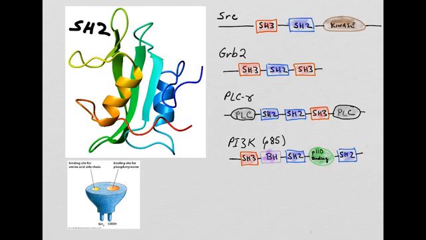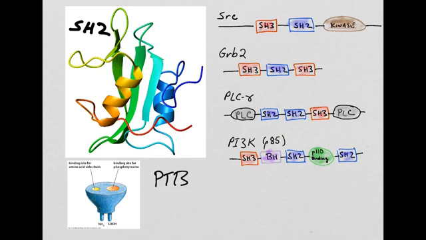There are in fact other phosphotyrosine recognizing domains. One is the so-called phosphotyrosine binding PTB domain, but it's not nearly as common as SH2, and it's just not quite as useful when it comes right down to it.